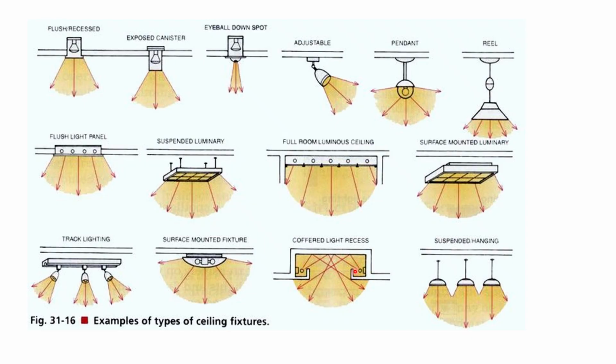This is a coffer, this is a coffer. So it is hidden and the light first goes upward and then after reflection downward. Then suspension hanging type, mostly used in malls and American dinner system.